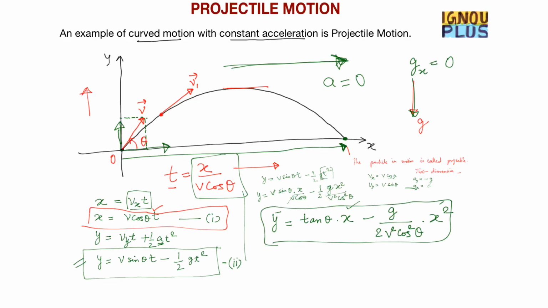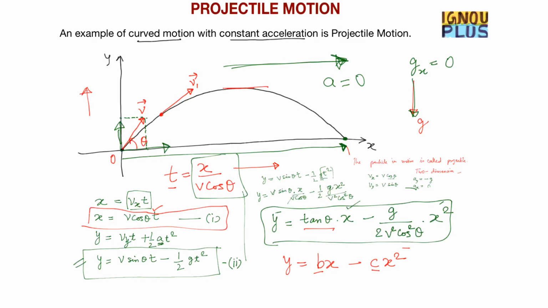And if we find something very similar in mathematics with this equation, then what do we find? We find that y is equal to bx minus cx square, where tan theta is replaced by b, and g by 2 v square cos square theta is replaced by c.